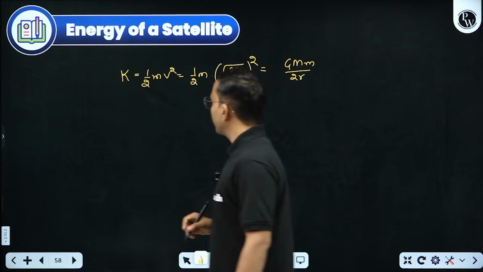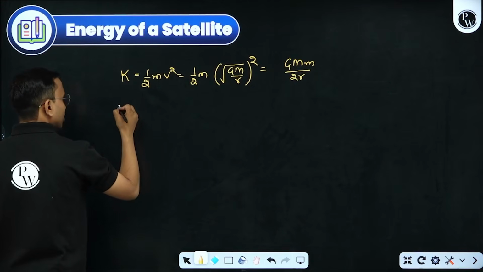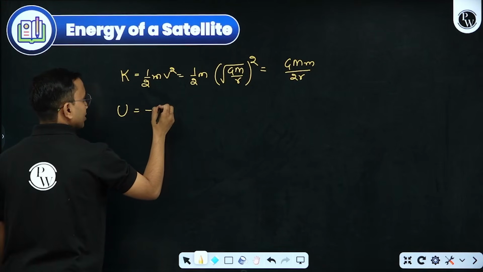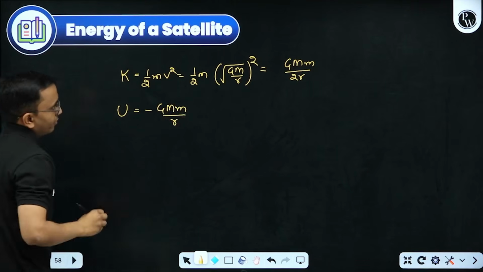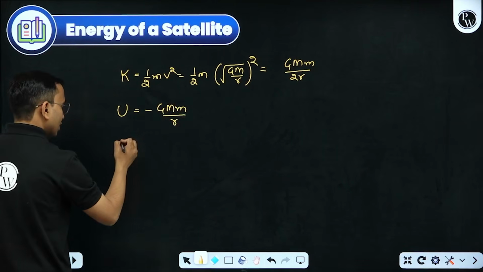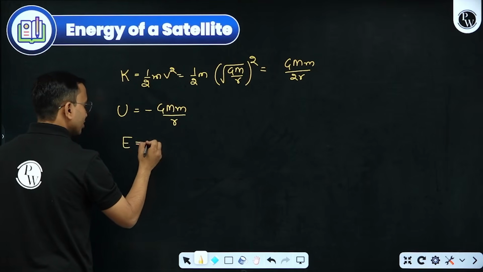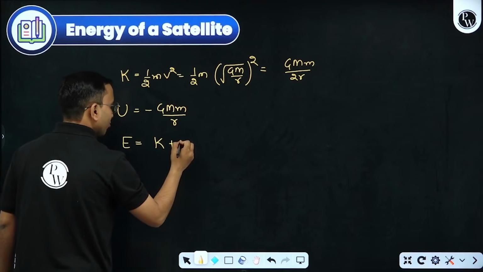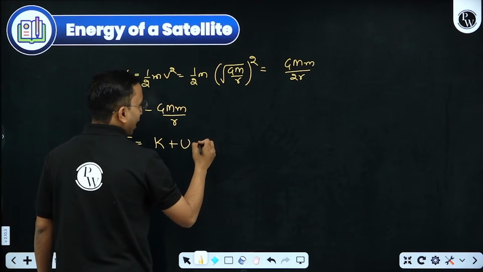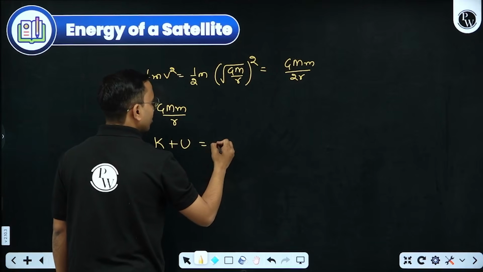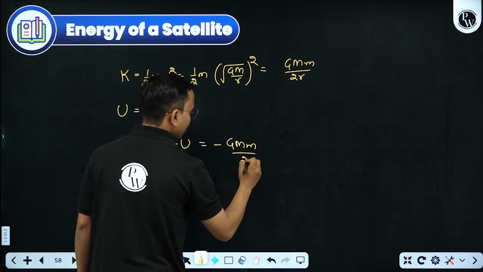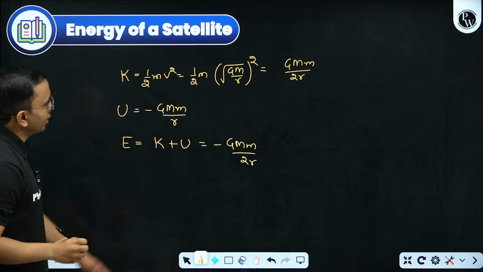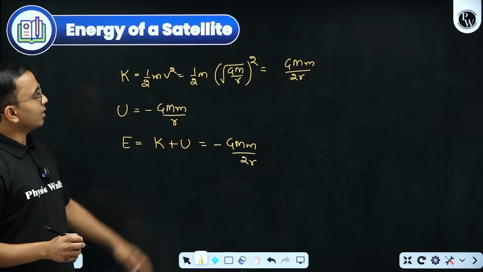And if I ask you what is the potential energy, you'll say potential energy is minus GMm by r. What is the total energy of the satellite? Total energy is kinetic energy plus the potential energy, and if you find it, it comes out to be minus GMm by 2r. Just put the values of K and U, you'll get it.